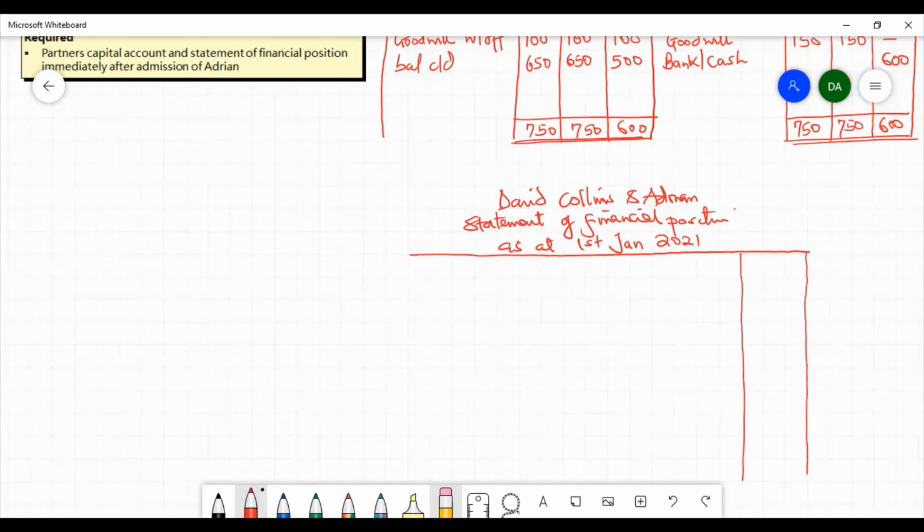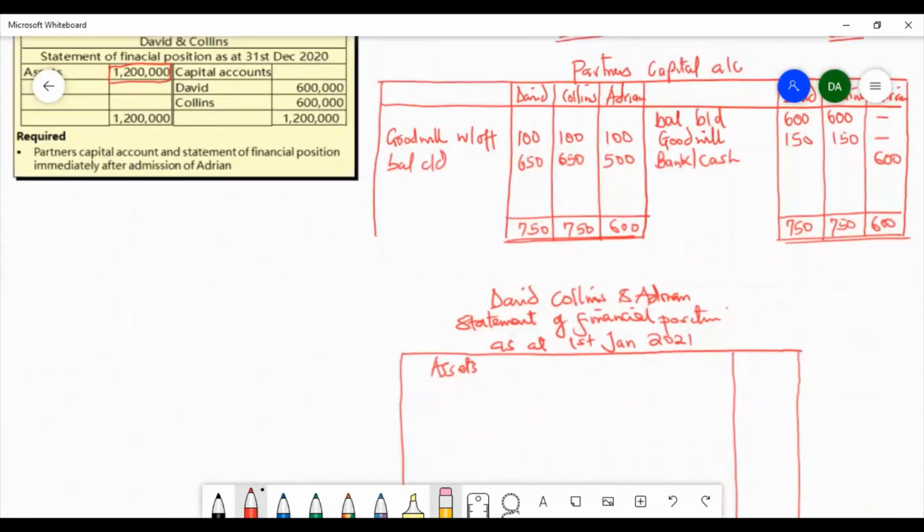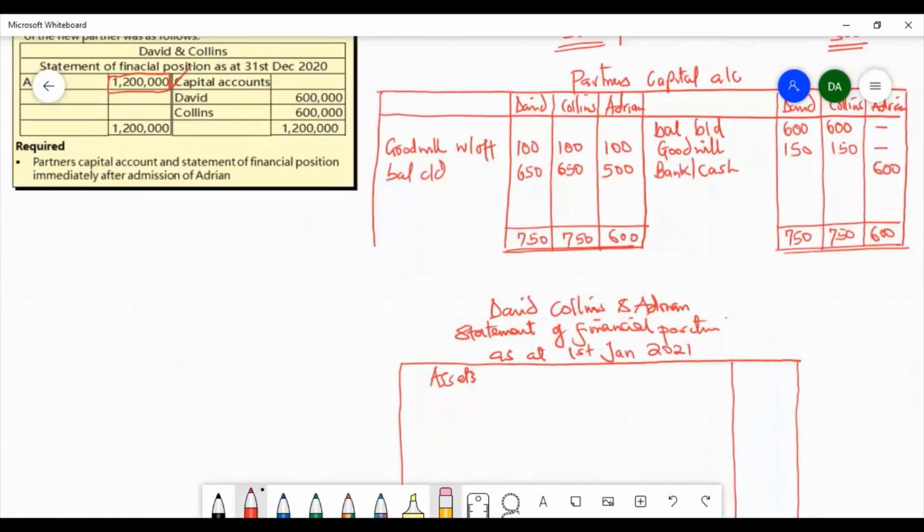And in this statement of financial position, we start with the assets. And the assets that were there in the books before admission of Adrian were 1.2 million, as you can see there. So we have 1.2 million as the assets.